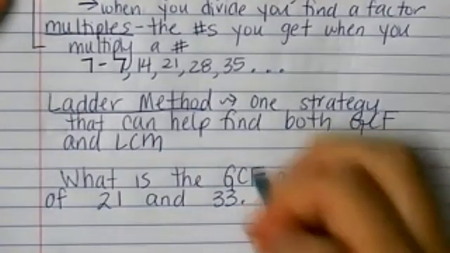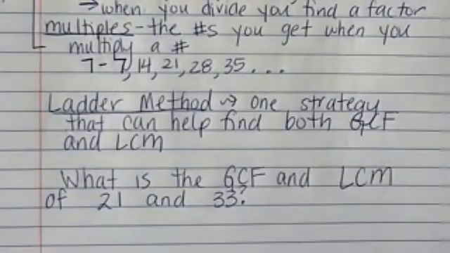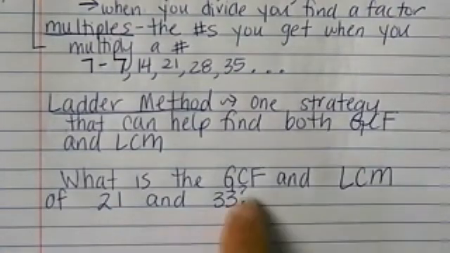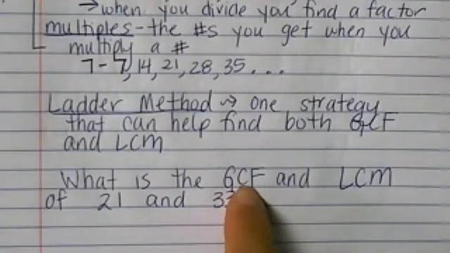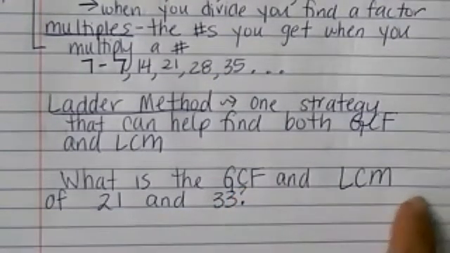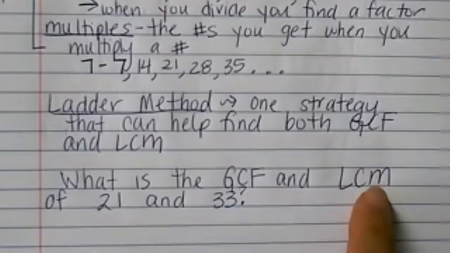So we have two numbers there, a pair of numbers. We have to find the biggest factor that they share. That's what that C stands for, common, they share it. And we have to find the smallest multiple that they share, the least common multiple. So the ladder method is going to help us find both of those things after just making one ladder.